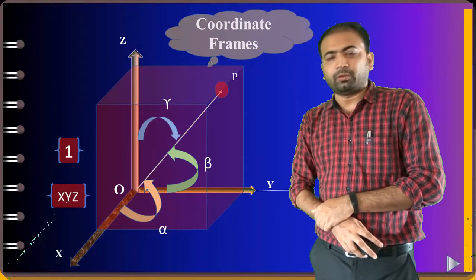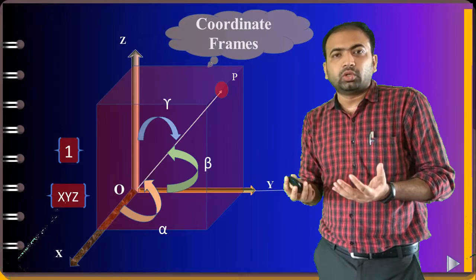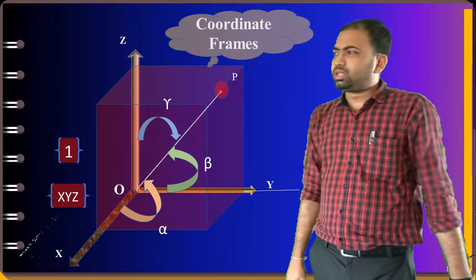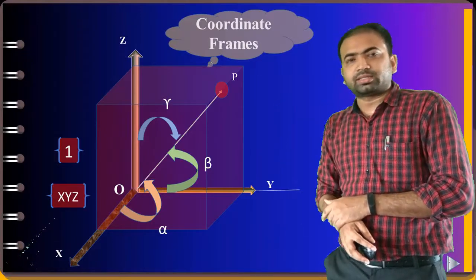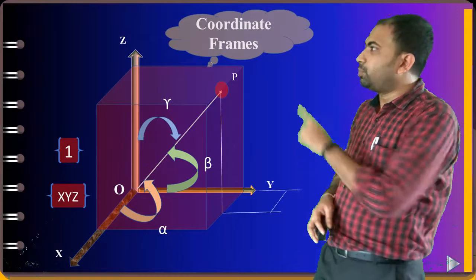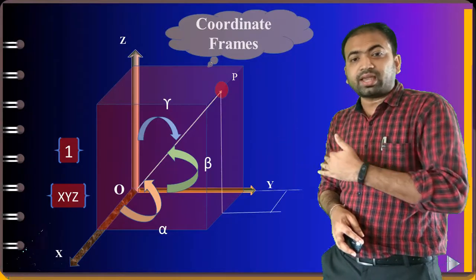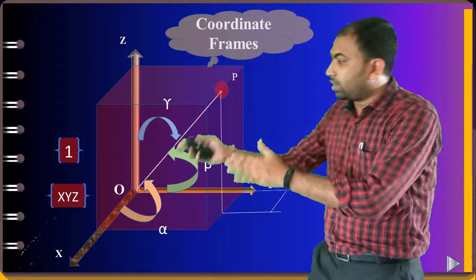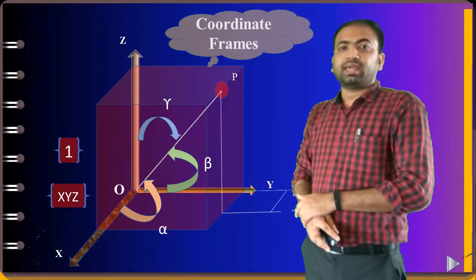Now we have to represent this, and here we need to know the concept of vectors. If you just see the distance of point P, that is the straight line distance of point P along the x axis, it will be called x cap.